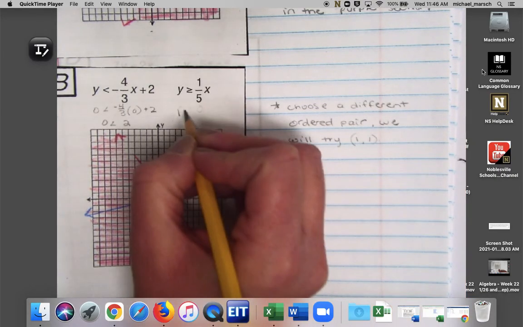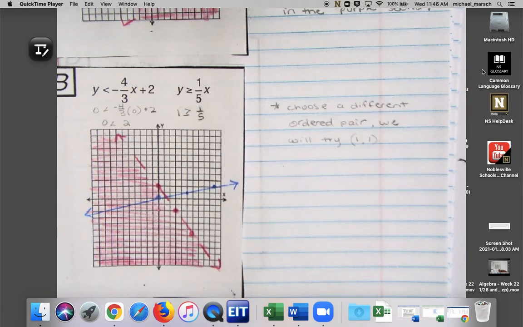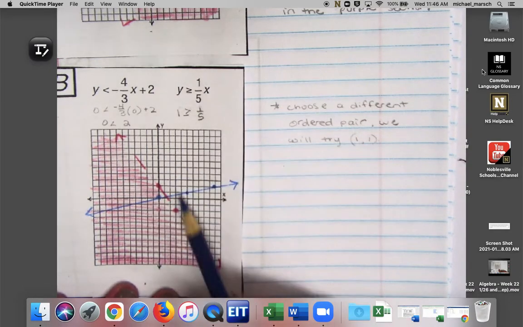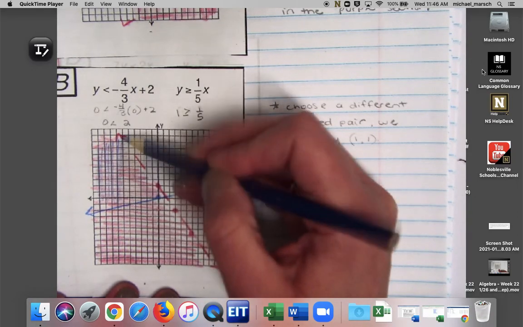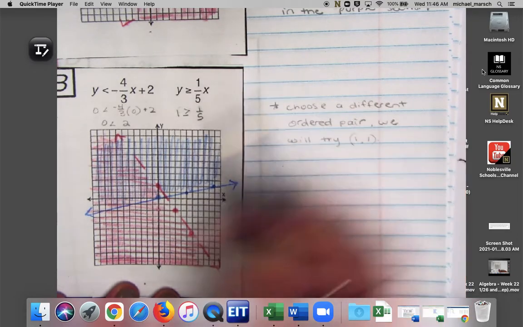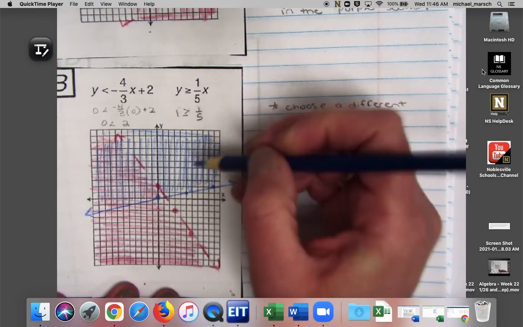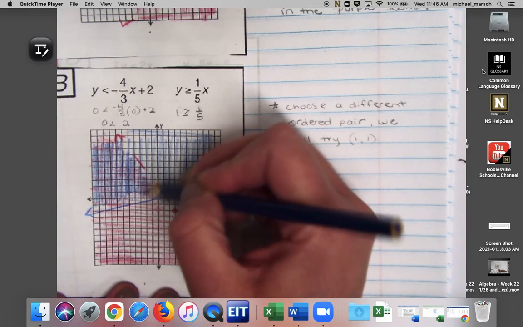So is 1 greater than or equal to 1/5? It sure is. So I'm going to shade towards 1, 1, which happens to be above the line. So I'm going to shade this way. So then I can see the shaded part.